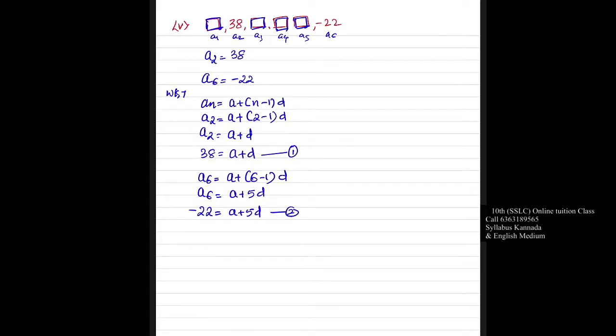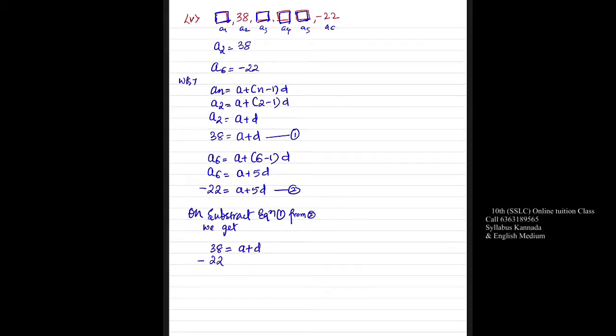Now subtract equation number 1 and 2. Equation number 1 is 38 is equals to a plus d, and -22 is equals to a plus 5d.